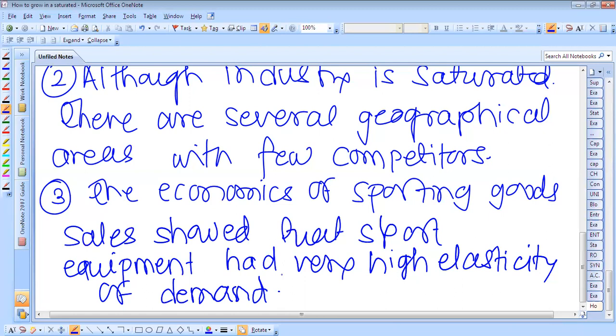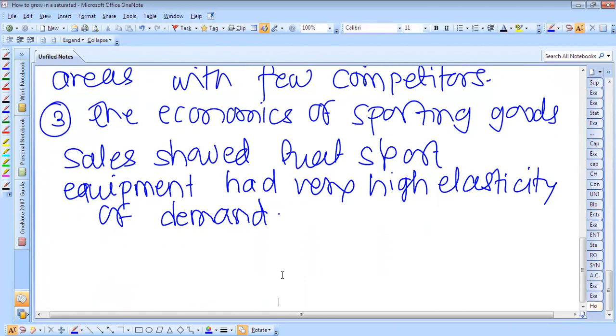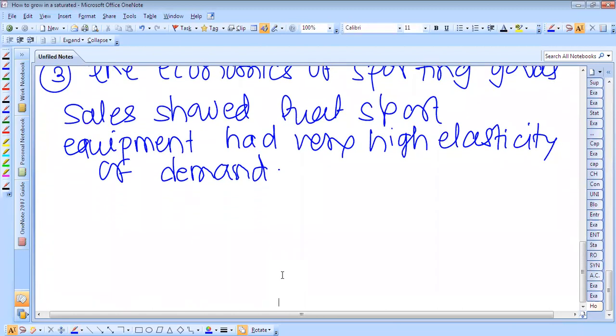Consequently, the customers are extremely sensitive to prices.